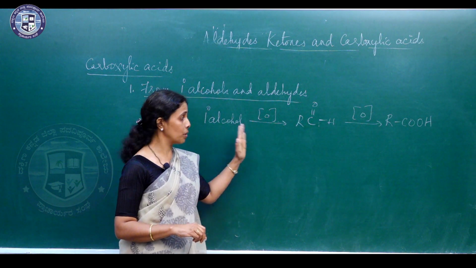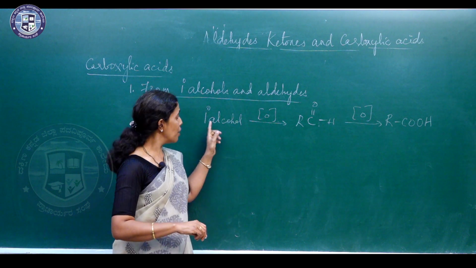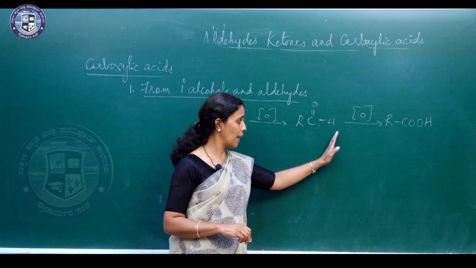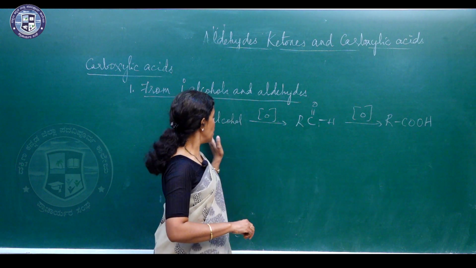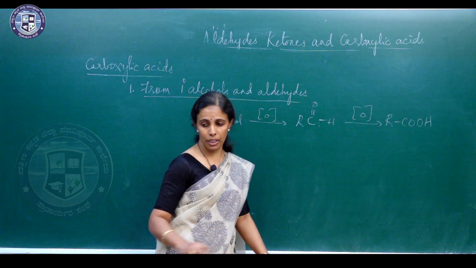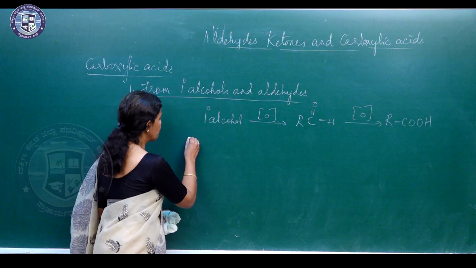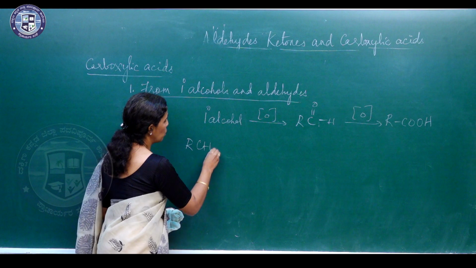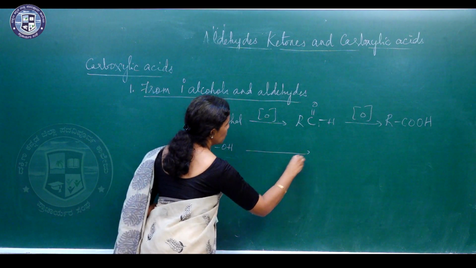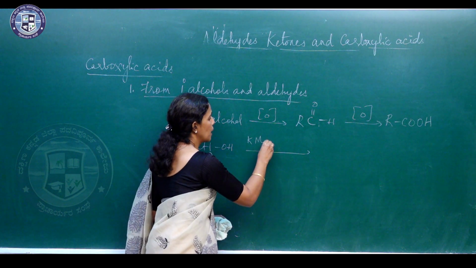It depends on the oxidizing agent you choose. If you use a mild oxidizing agent, the reaction will stop at the aldehydic stage. But if you use a strong oxidizing agent, the primary alcohol can directly be converted into carboxylic acid. We will represent primary alcohol as RCH2OH. You can subject it to oxidation in the presence of strong oxidizing agents like KMnO4.